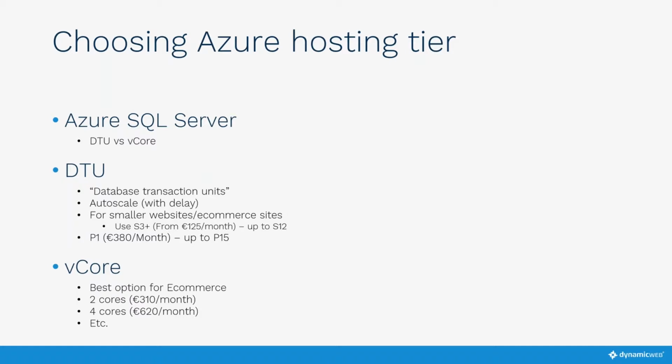You can take one day where you scale it up to 30 cores if you're running on Black Friday and stuff like that. It doesn't auto scale the same way as the DTU version, as far as I know. But you can set up some rules to change the tier of this one. So that would be my recommendation for a running e-commerce solution.